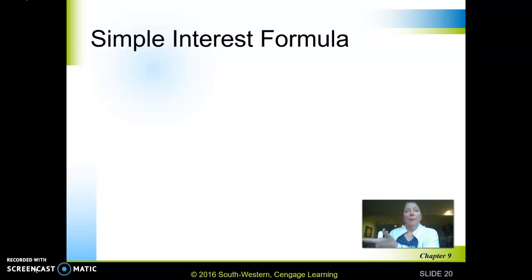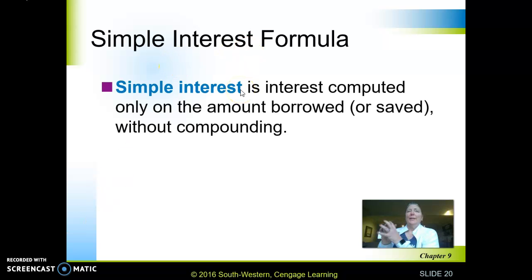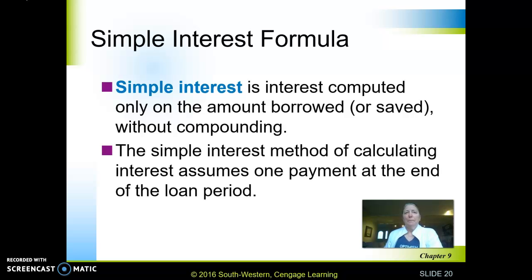Another method is compound interest. We're going to do simple interest first. So what is the simple interest formula? It is interest computed only on the amount that we borrow or that we save and deposit, with no compounding involved. And it assumes that there is one payment made at the end of the loan period.